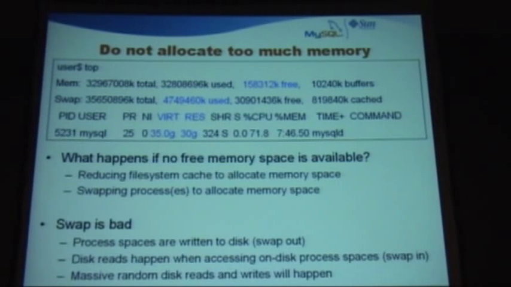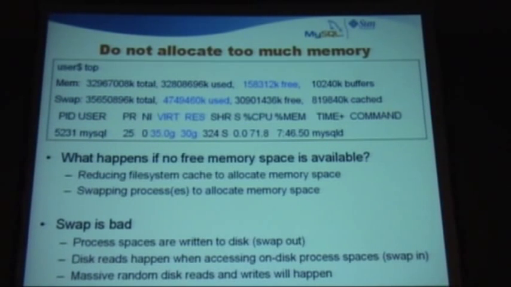So what happens if no memory space is available? Linux takes two actions. The first one is reducing the file system cache to allocate memory space. At the same time, Linux swaps processes to allocate memory space. In this case, about 5 gigabytes of swap happened. Of course, swap is bad. Why?